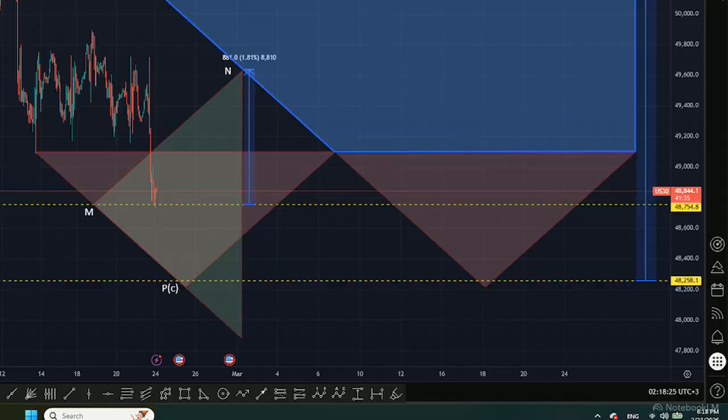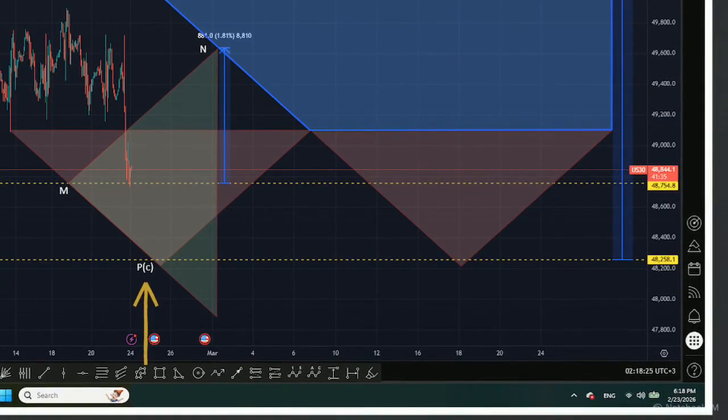framework. This chart displays the Phase 1 initialization, anchoring the primary coordinate, M, exactly at the 48,754.8 price level. A secondary equilibrium point, labeled PC, is set at 48,258.1. At this coordinate, each trade size is mathematically predefined at exactly 0.07.